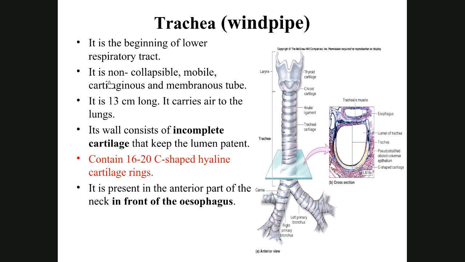So what is this trachea? The trachea is non-collapsible. Non-collapsible means that in any condition it remains open. Even if you are just sitting and not doing anything, it will not collapse.